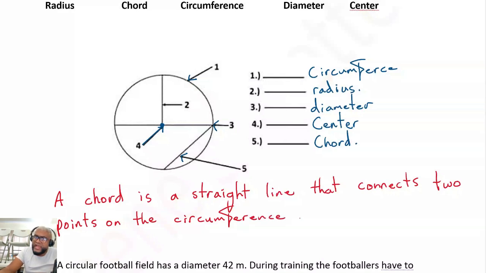Right? So a chord is a straight line that connects 2 points on the circumference of a circle.